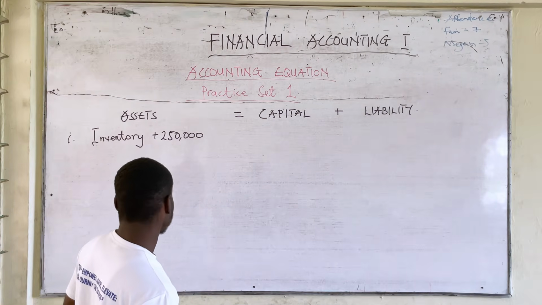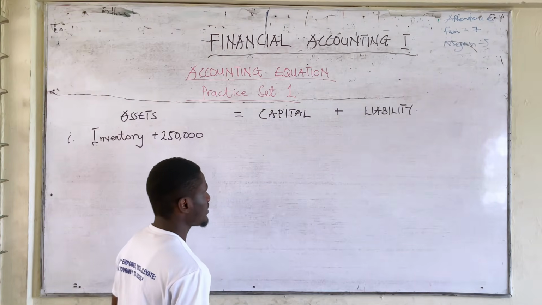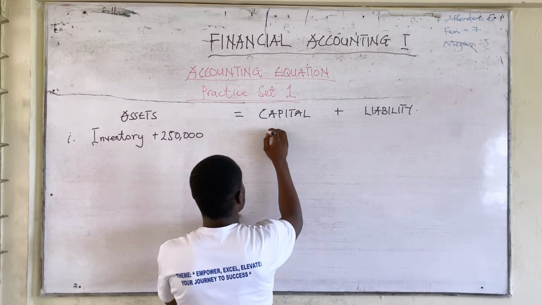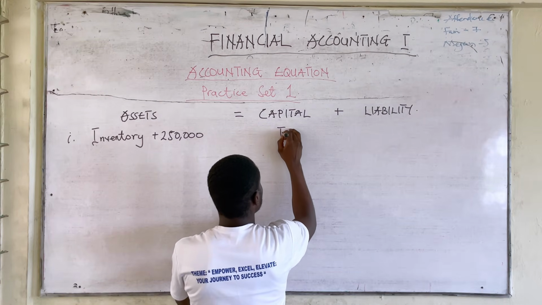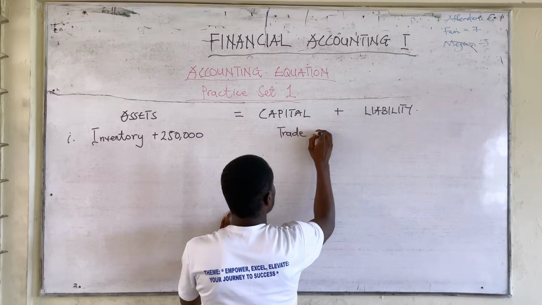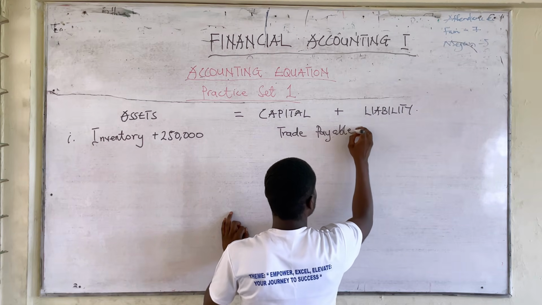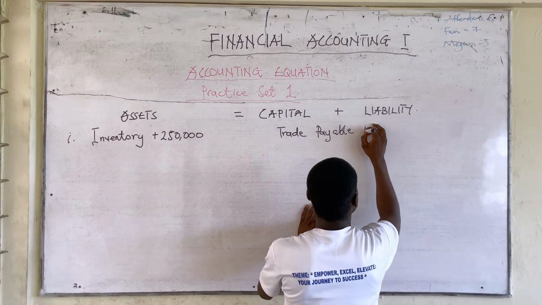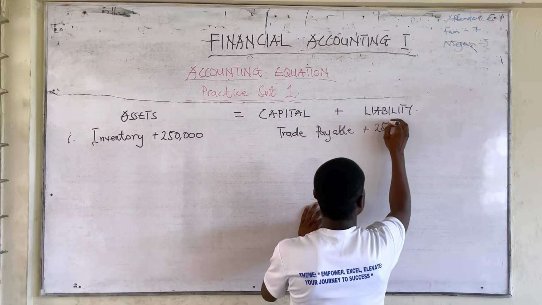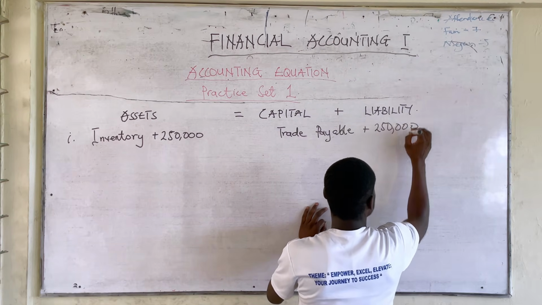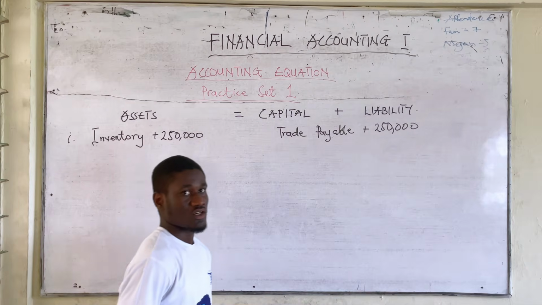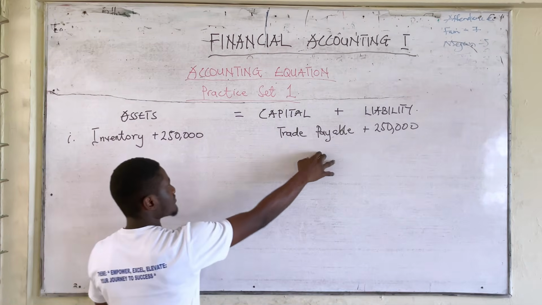So that means that the trade payable here is our liability. So trade payable, which is Adwa, will also increase by 250,000. So you see, it's balancing.